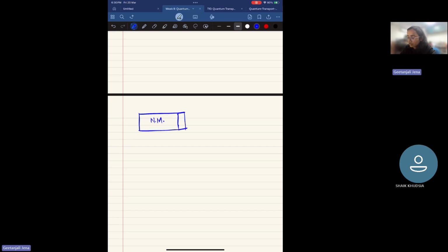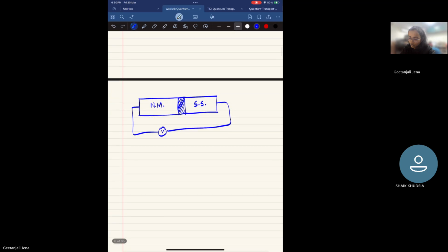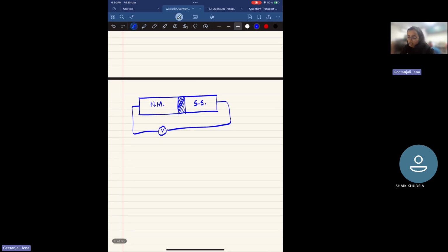They are tunnel coupled through a thin insulator layer, and there is a superconducting state. And we are applying a voltage V. So if you look at the energy band diagram, metal and the superconducting states.